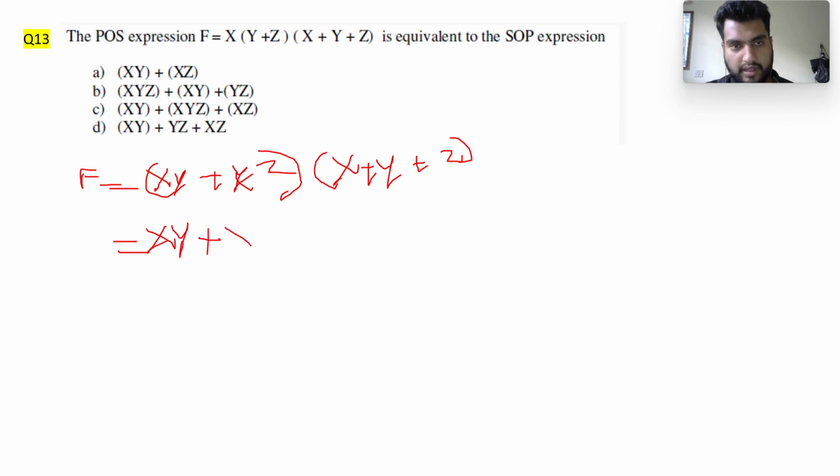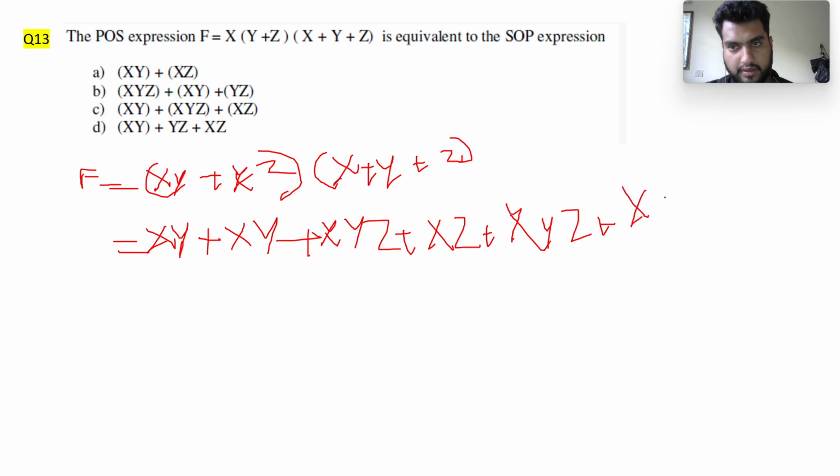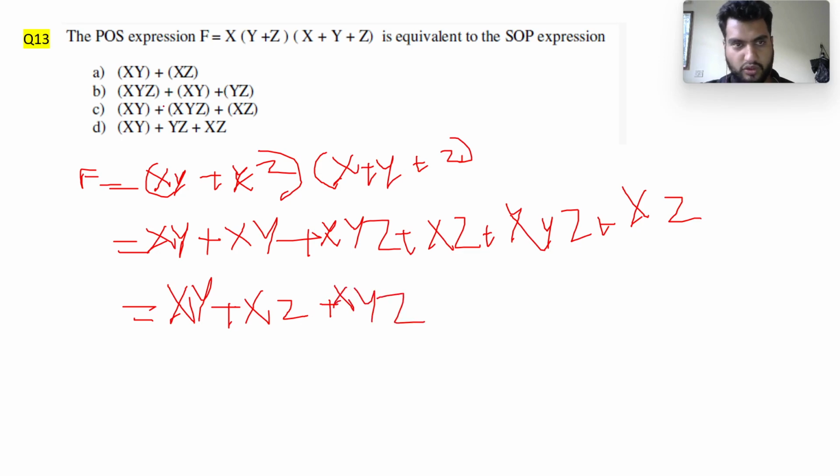Then xyz plus xz plus xyz plus xz. So xyz plus xyz is only xyz, xy plus xy is only xy. So this is xy plus xz plus xyz. So this is option C.